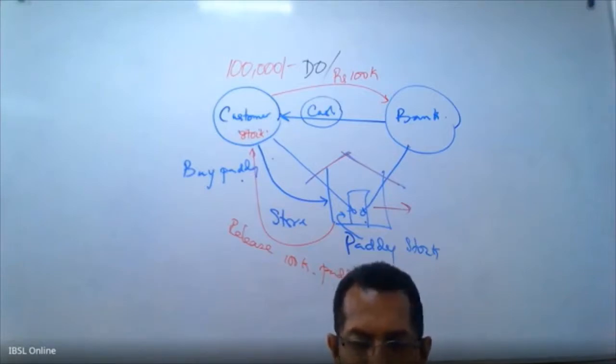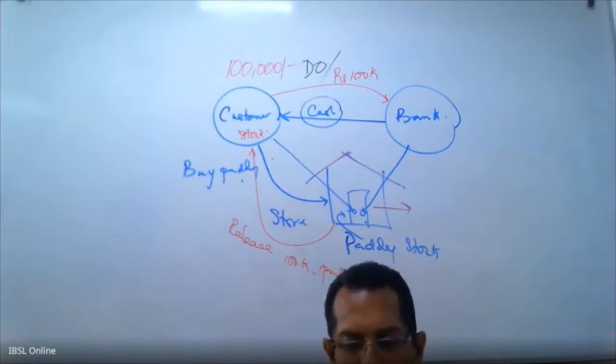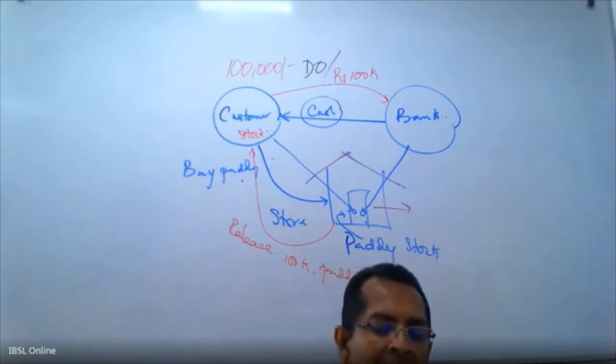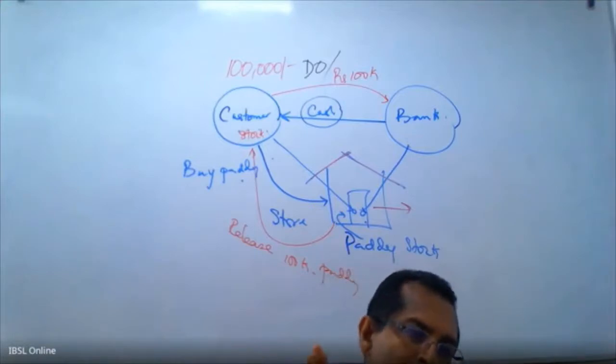The bank has different milestones for when to release the money. Only on agreed stages are we releasing money. But here we are releasing goods.